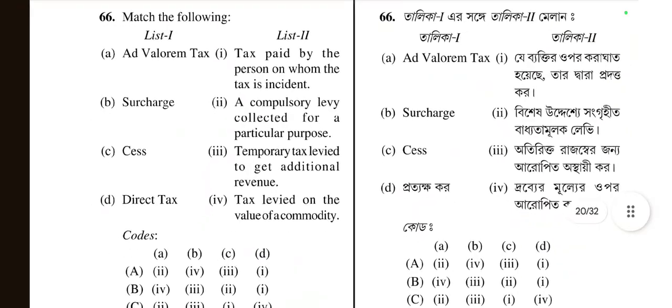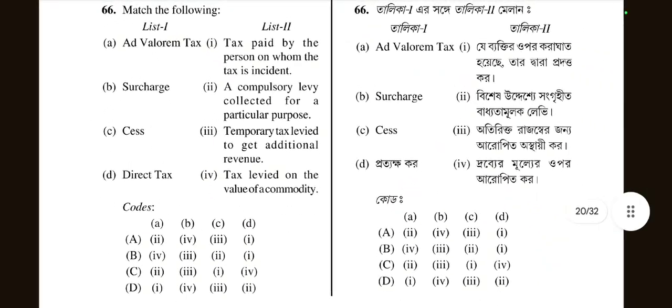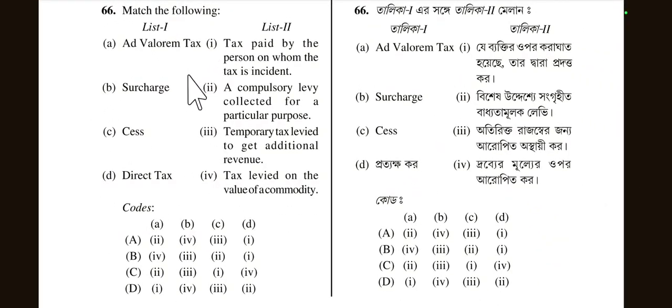Then come to question number 66. List 1 and list 2: ad valorem tax, surcharge, cess and direct tax. The first option is the tax paid by the person on whom the tax is incident. The tax where the initial burden and final burden are on the same person is called direct tax.